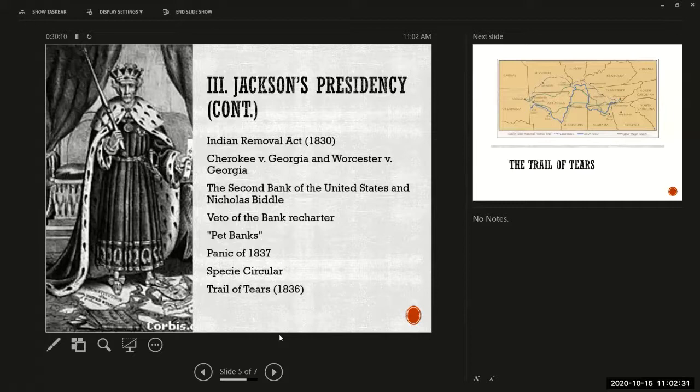Well, the response to this by Nicholas Biddle was to call in all the loans that the bank had extended to state banks and to individual industrialists. When somebody calls in a loan, it's like you suddenly have to pay everything you owe on the principal right away. And people didn't have that money.